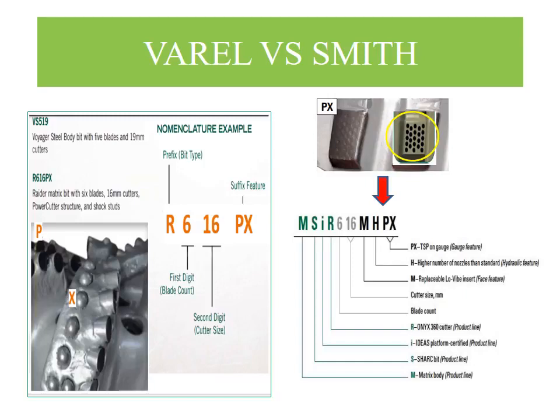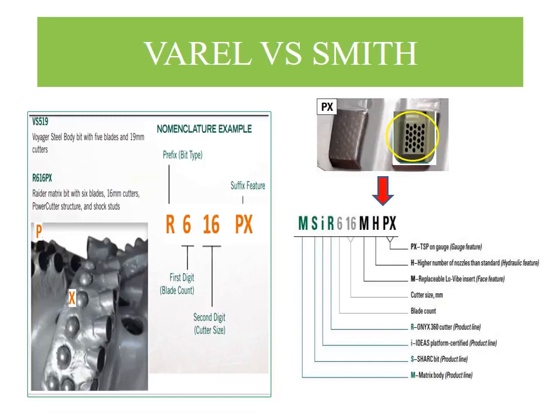Varel mentions S only when the body is made of steel, while Smith puts the first letter M to indicate that this bit is made of matrix. S for Smith is for the Shark product line, which has backup row cutters.